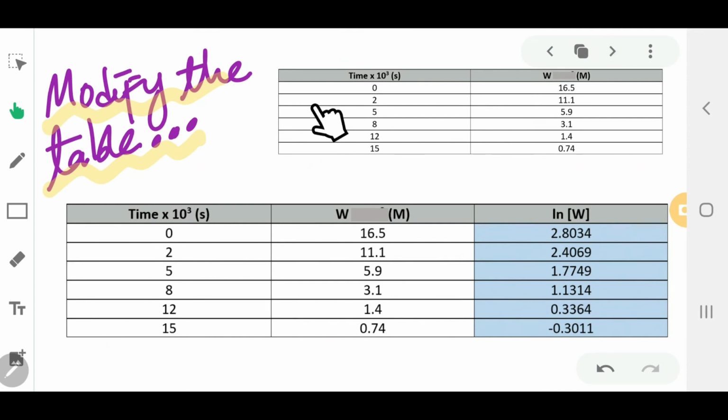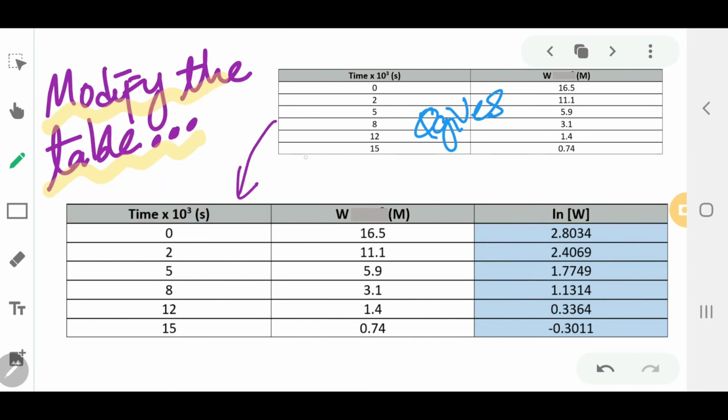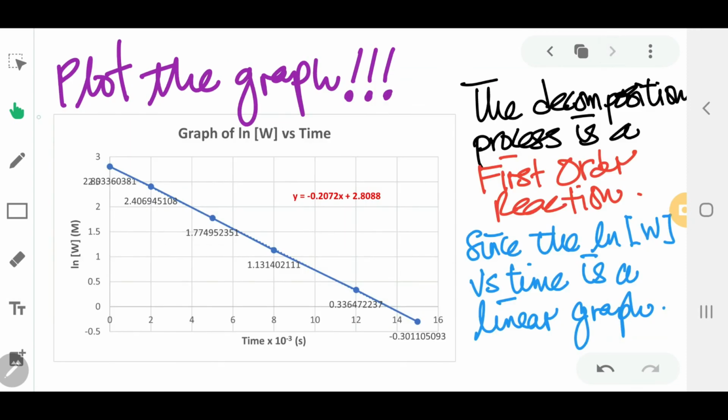You have to modify the table given to you. This is what the question gives, and we have to change that into here. You need to take the ln of all of the concentrations to get those values, and we're going to take that value and that value over here to plot a linear graph.